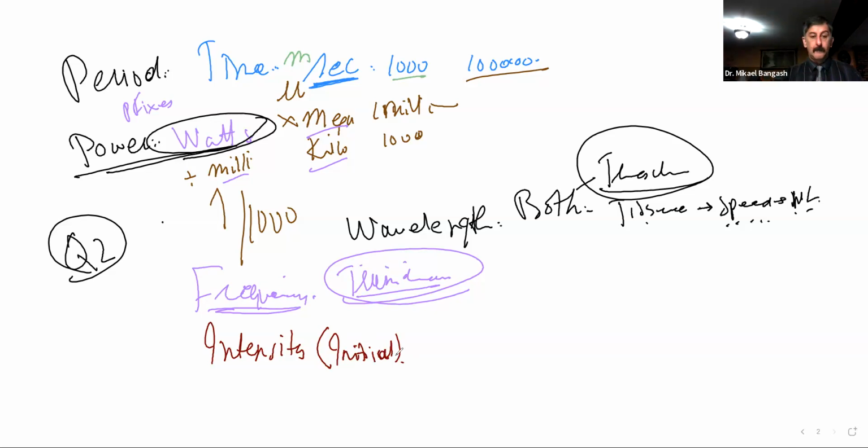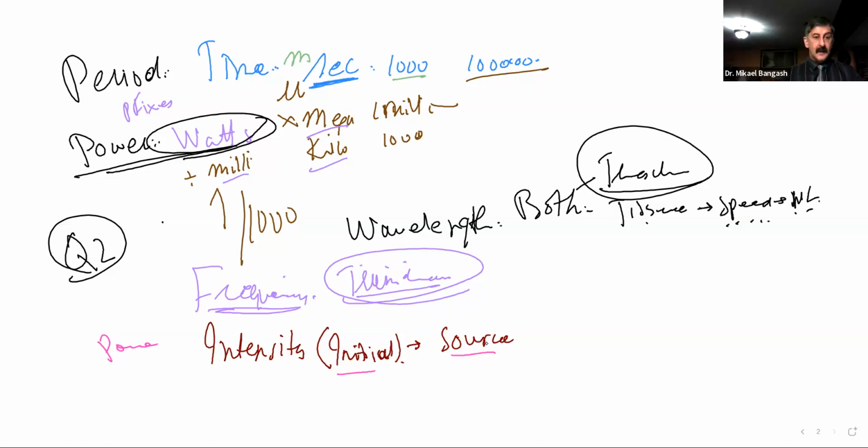And that is going to be the source. Clear? It could have said power instead of intensity, and instead of initial, it would still have been the source.